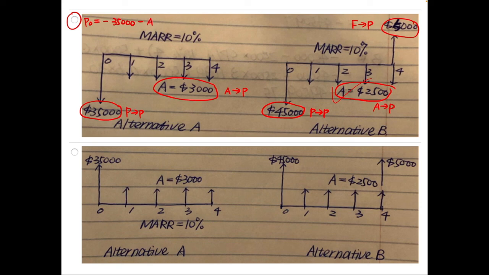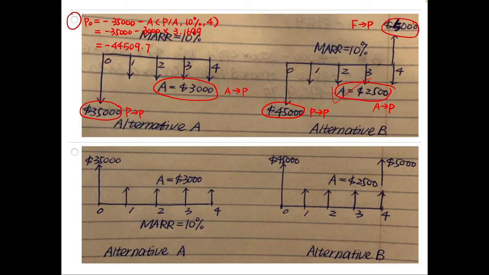So the formula is A times P slash A, 10% and 4, okay? And A is 3,000. The factor is 3.1699.